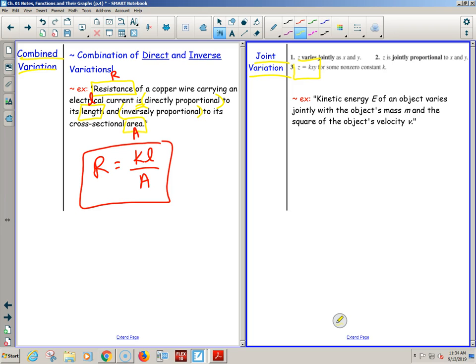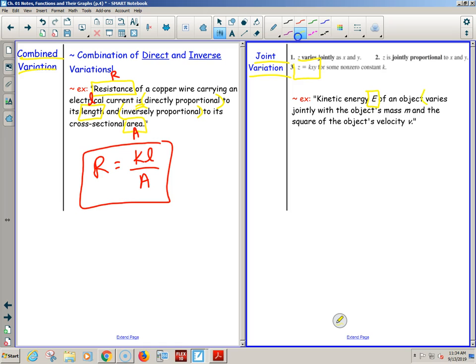A joint is something that joins, right? Your elbow is a joint. Your knee is a joint. Joint, something that joins. Jointly. Something that you hold together, like a husband and wife might jointly hold on to a piece of property or a bank account. Doing it together. So, when it says kinetic energy, oh look, E. They even tell me what E is.